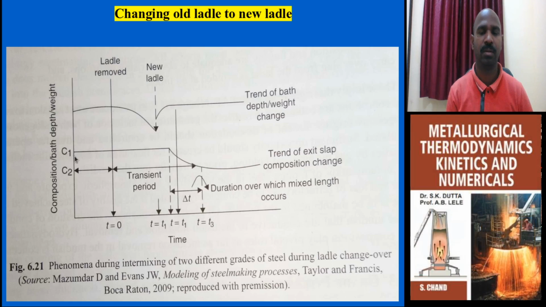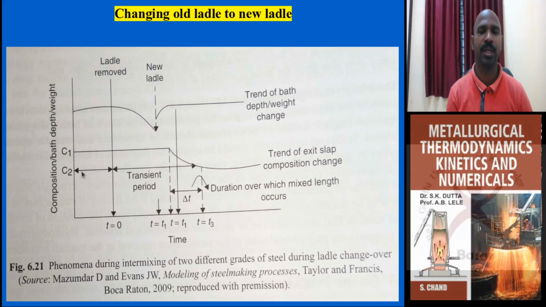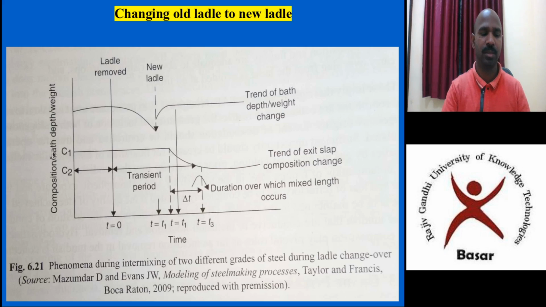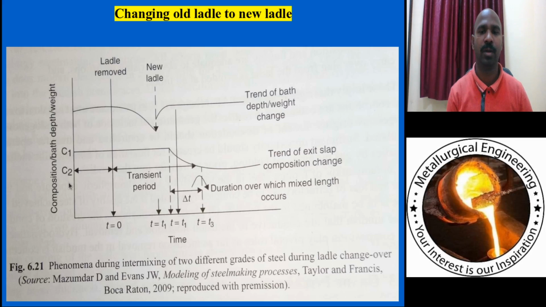And coming to an analogy, when you are changing the ladle to another new ladle, for example, see this situation. This is composition 1 from the first ladle, and this is composition 2 for the second ladle. I can also use this y-axis for the depth of the tundish bath and weight of the molten steel.